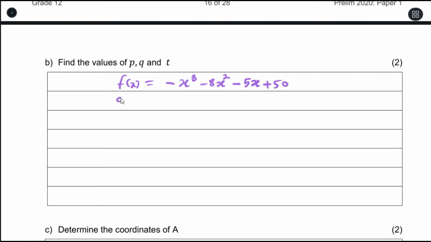Since g(x) is the derivative of f(x), deriving this will give you negative 3x squared minus 16x minus 5. So therefore, our value for p is negative 3, the value for q is negative 16, and our t is negative 5.